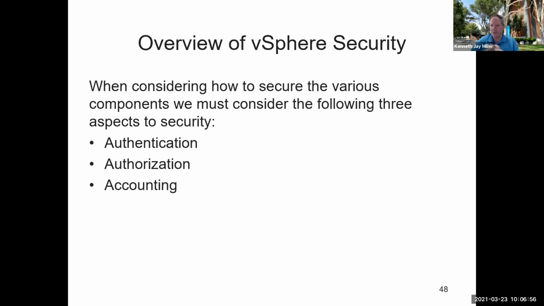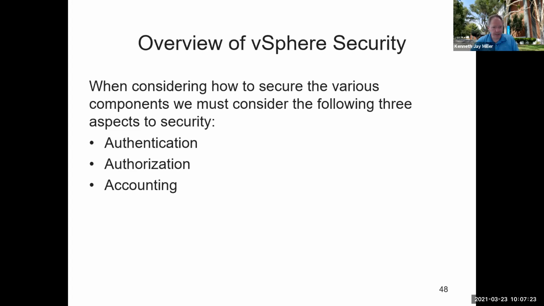So the accounting is referring to, can we see who logged in? Can we see what permissions they were able to use? Can we keep track of who accessed what resource at what time and who utilized it, right? Like who is on the server, who is logged in, right?